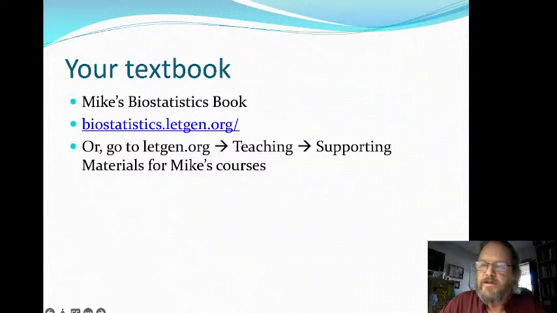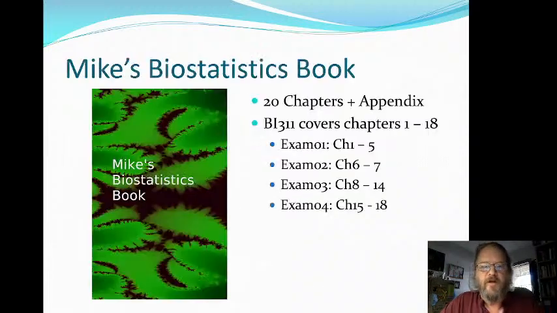Obviously, there are links in Canvas, but you also could just remember my website at LetGen, which stands for Laboratory of Environmental Toxicology and Genomics, and then you go to the teaching link and you'll find the supporting materials for Mike's courses, and you'll find direct links to Mike's statistics book. Okay, so that's the cover that you're going to look for.